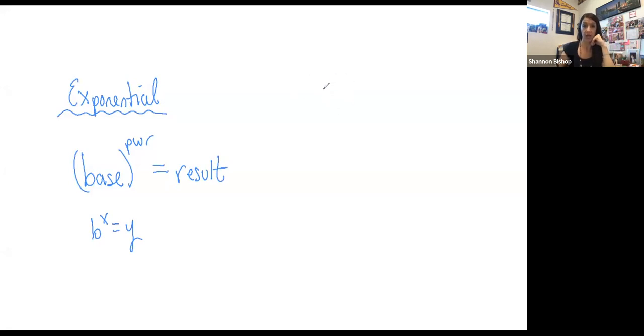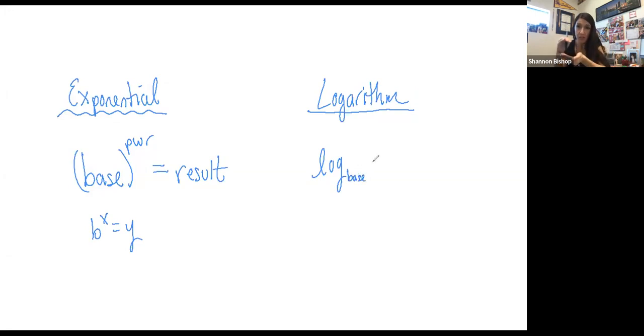But in logarithmic form, you have all the same three components, but they live in different places. You have log, that represents the log, obviously. The base is down here, written as a little subscript. What's inside of the log is the result the exponential desires to have.